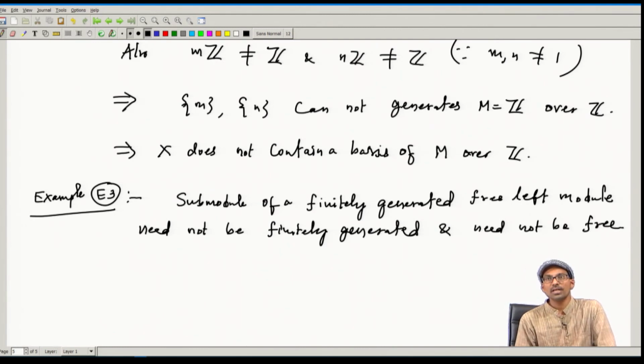Okay, it need not be finitely generated as well as it need not be free. So now let us look at an example.